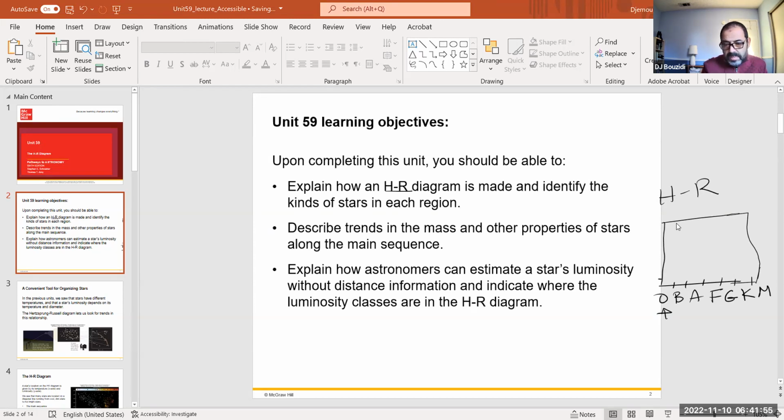And then it's going to represent also the luminosity on a scale where the sun is basically the standard, okay? And this is a logarithmic scale. If we take a cluster of stars, for example, I know some of you are in Astronomy 125 right now for the lab, we're looking at the Pleiades. The Pleiades is a cluster of stars, and you know roughly that they should be of the same age.